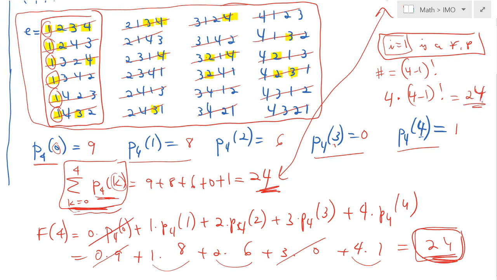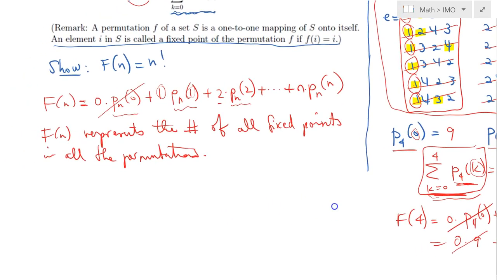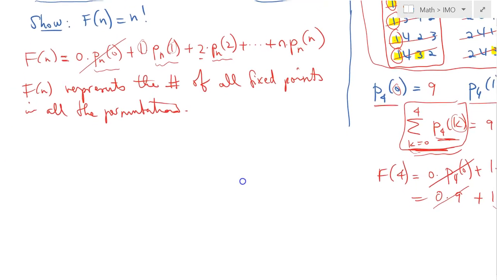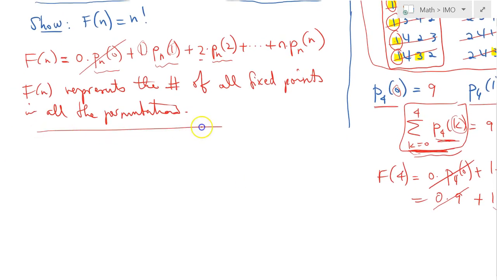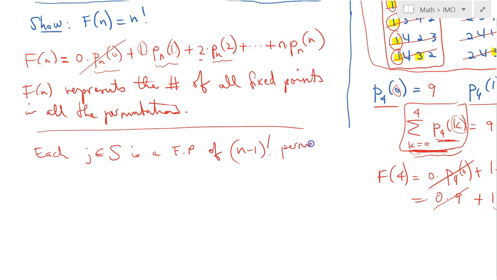and that makes sense. Now, to generalize this proof, let's write a little bit more of a rigorous proof. Each j in S is a fixed point of n minus 1 factorial permutations, which is pretty clear, right?